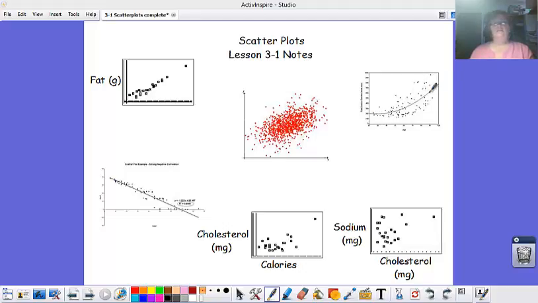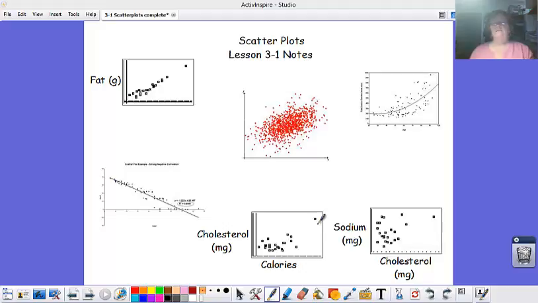This scatter plot we'll see again as well. However, think about this. That point way up in the corner is some food that's got a huge amount of calories and also a huge amount of cholesterol. If that point weren't there, that plot might look a lot different, and that's something that we'll talk about in this unit as well.